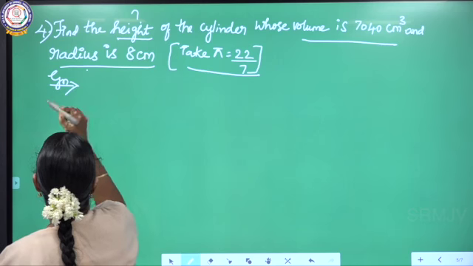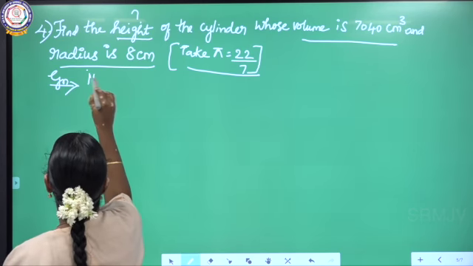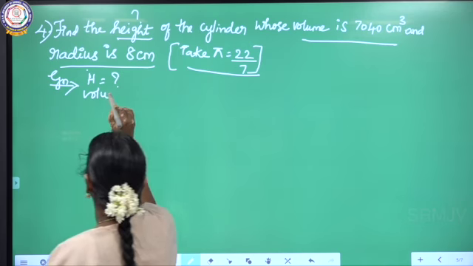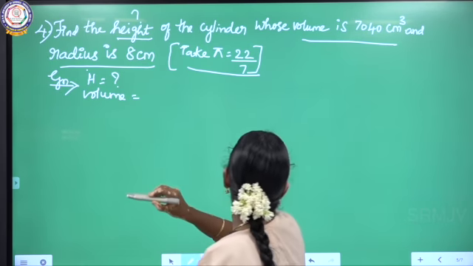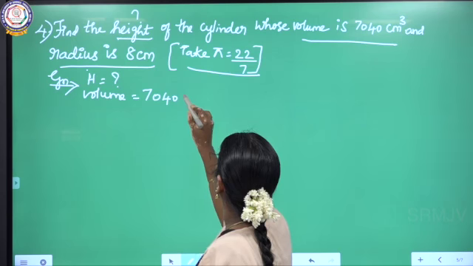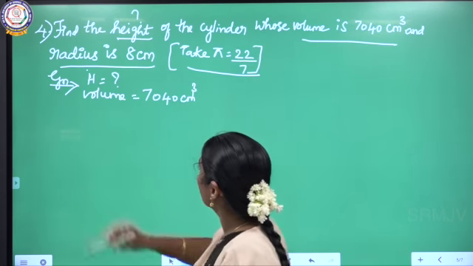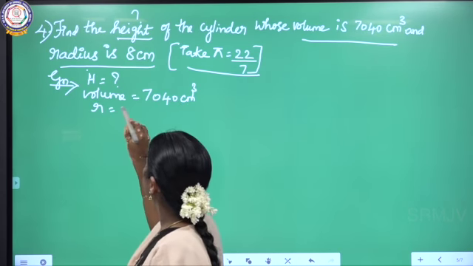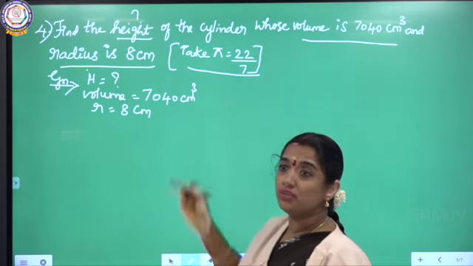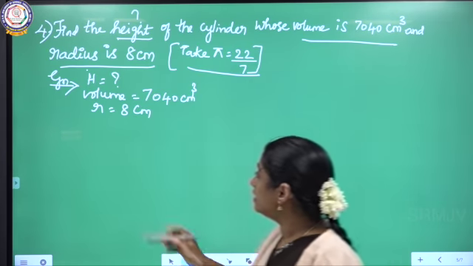Just what is given? You write the question. Height I am going to find out. Volume is 7040 centimeter cube. And the radius they have given is 8 centimeter. Shall I substitute this here?